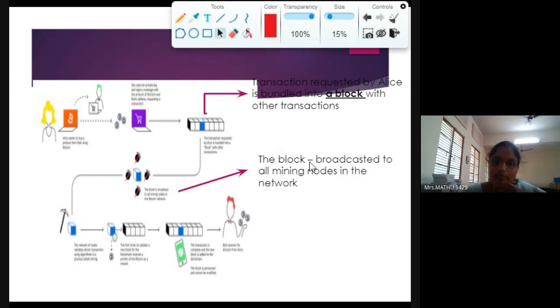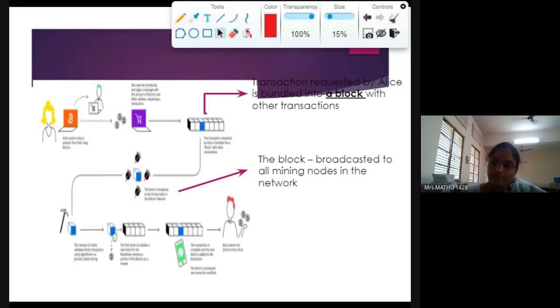The block will be broadcasted to all the mining nodes in the network, and when a mining node validates all the transactions by using the proof of work algorithm, which is a mathematical puzzle, and solves that puzzle, it will be propagated to all the nodes that the block is validated.